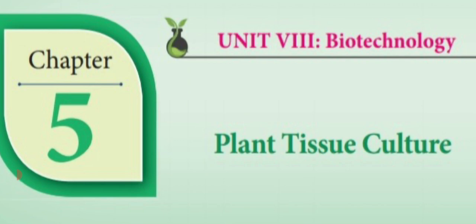It is divided into different steps. First one is the sterilization. Sterilization means getting rid of microorganisms from the plant tissue culture method, environment, culture room, nutrient media, and also sterilization of explant.